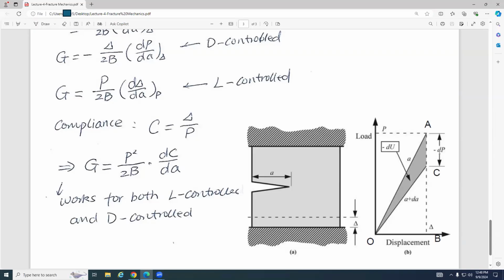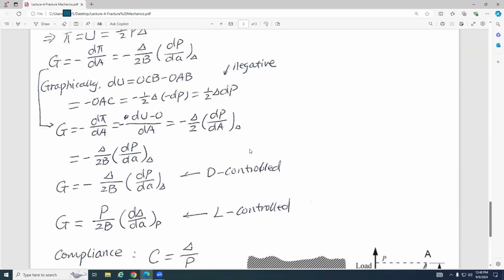So we can see the force is changing from A, the original crack length, to this new crack length, A plus dA. That's the reason we have this negative sign here. So G equals dΠ/dA, and dU/dA, and we have this delta and 2 dP/dA. We get the same equation both mathematically and graphically. So this is the G here.